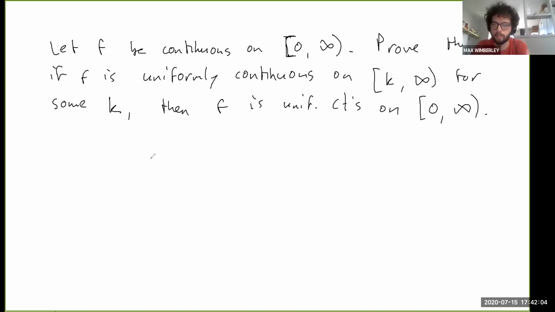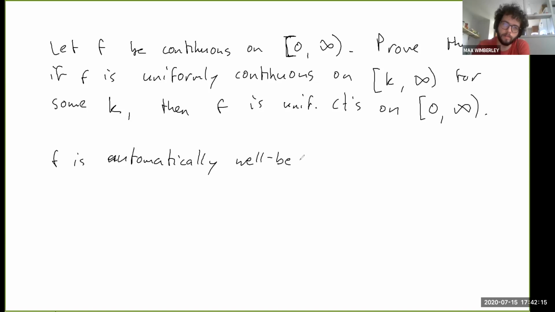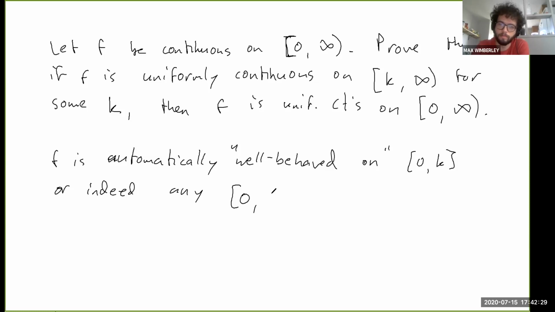That's the correct principle here, that f is automatically well behaved on [0, k], or indeed on [0, a] for any a, right?